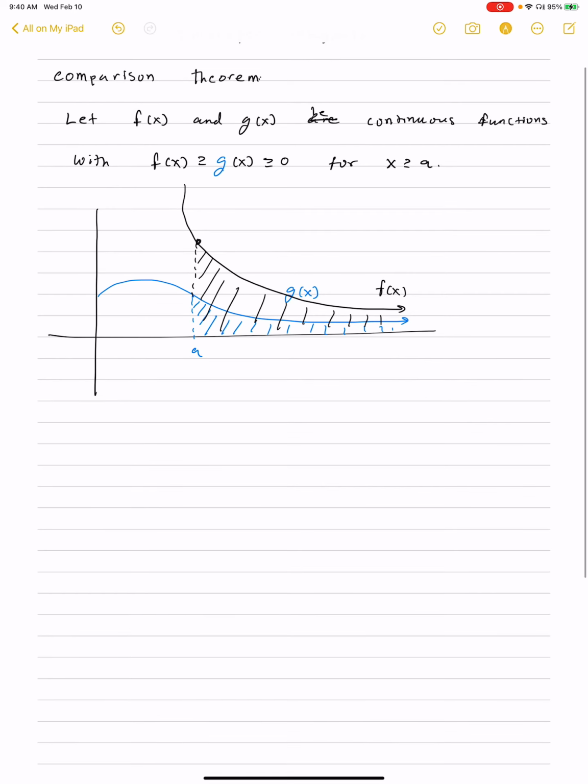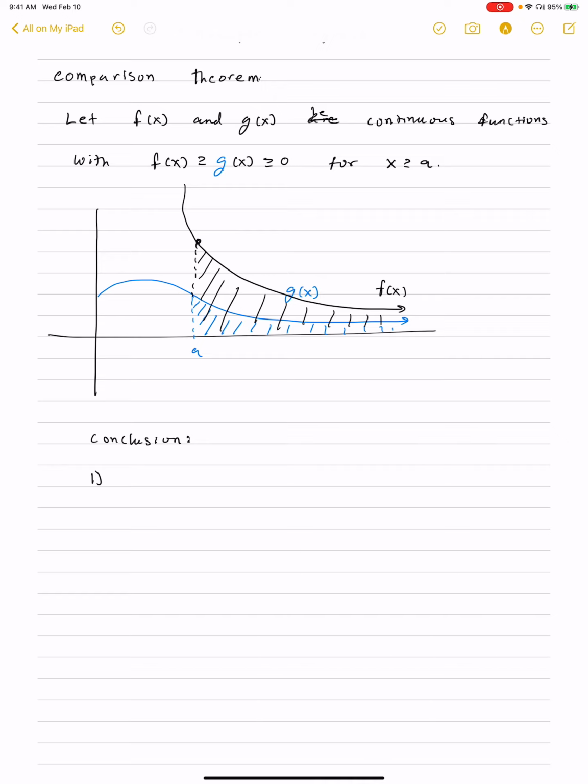Okay, all that the comparison theorem says about improper integrals is this. So the conclusion, and there are two of them.